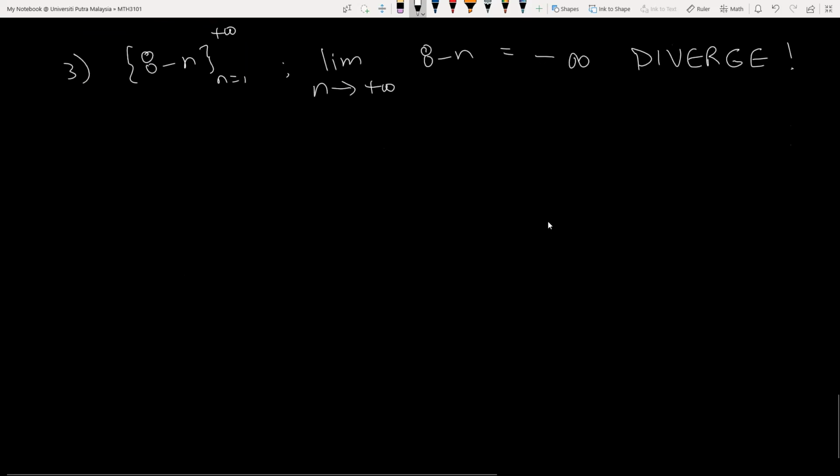Let's see what happens if you're not given the formula. Let's see an example. If I have a sequence of 1, 1 over 2, 1 over 2 cubed, 1 over 2 to the power of 4. This is 2 to the power 0, 2 to the power 1, 2 to the power 2, 2 to the power 3, and so on.